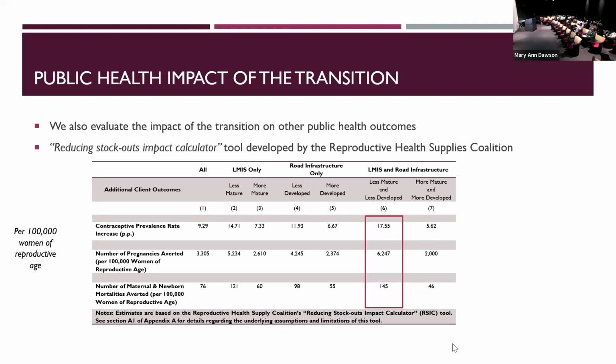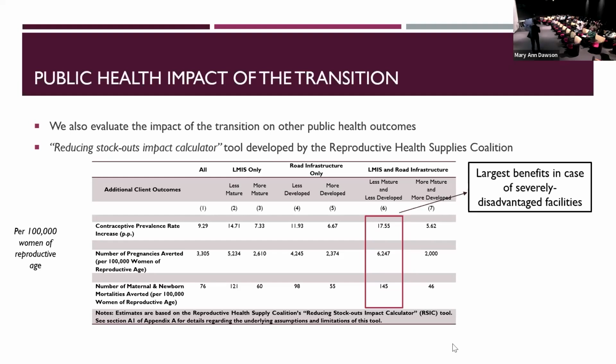That's a pretty significant improvement. The number of unplanned pregnancies averted is about 6,200 for every 100,000 women of reproductive age. And the number of maternal and newborn deaths averted is about 145, again for every 100,000 women of reproductive age. So essentially, we can save 150 lives by having better stocked facilities at the last mile level.